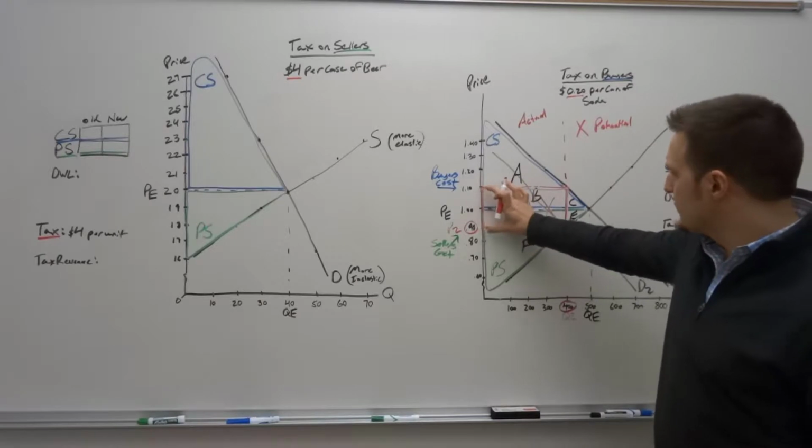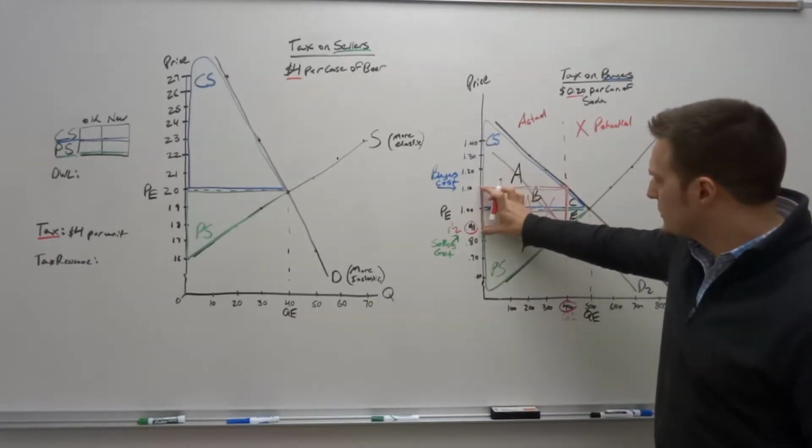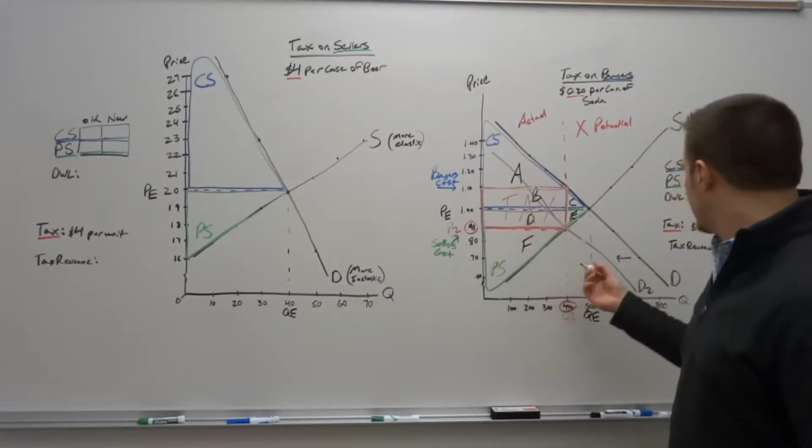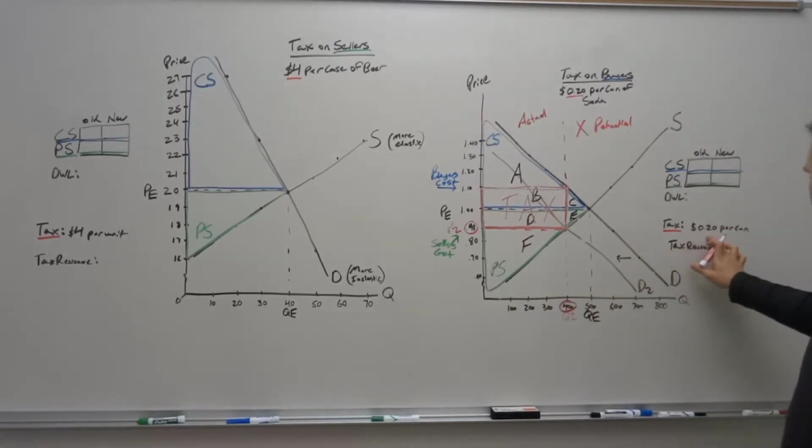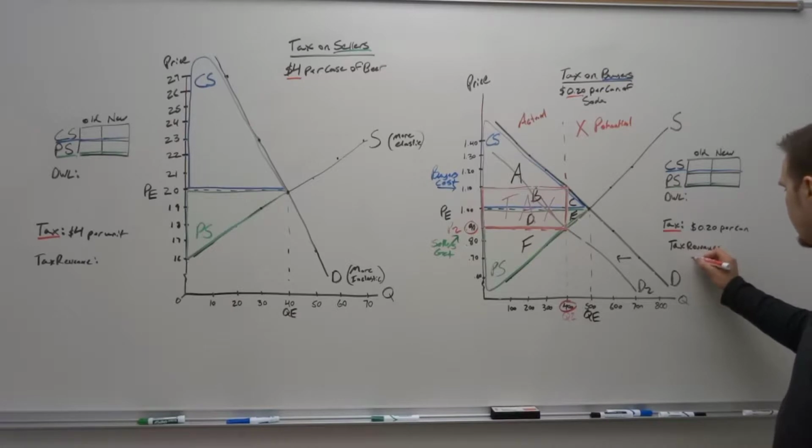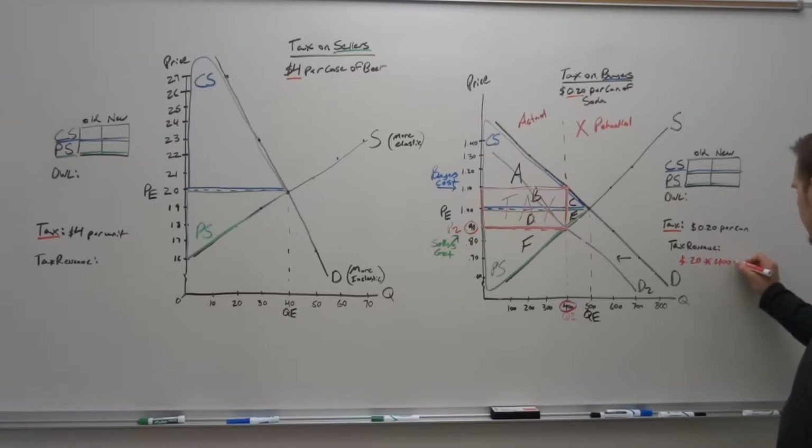So the total tax revenue is going to be the area of that box, which is going to be 20 cents times 400, which I believe is 80. So the 20 cents per can times 400 is going to be equal to $80 in tax revenue. And it's also areas B and D.